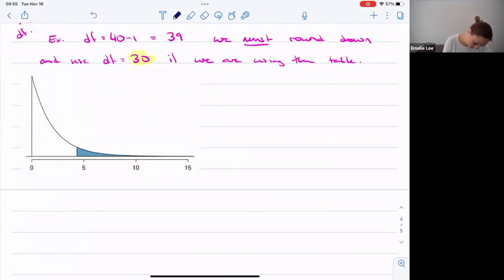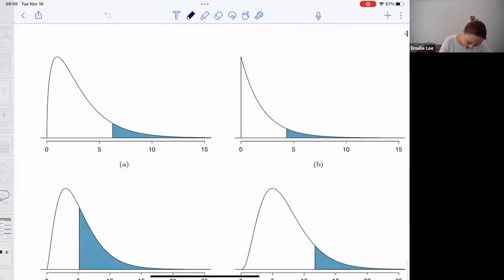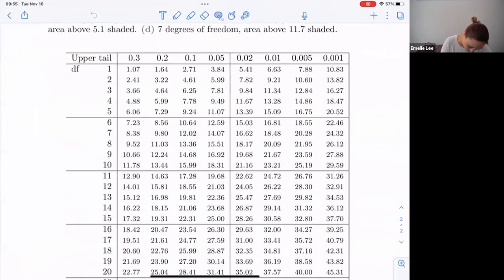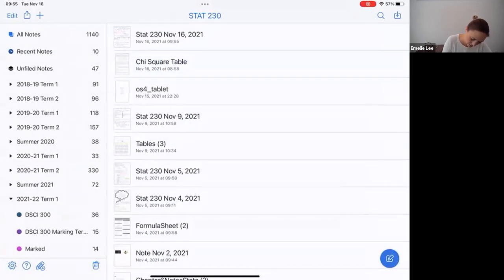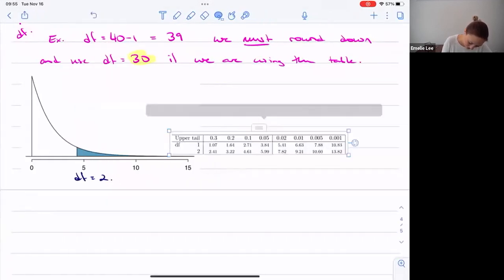So if we have degrees of freedom equal to 2, then we can grab that from the table. Let me just bring it in here.